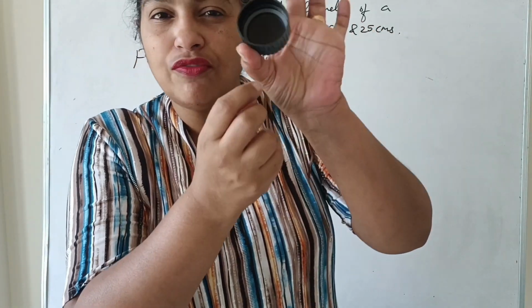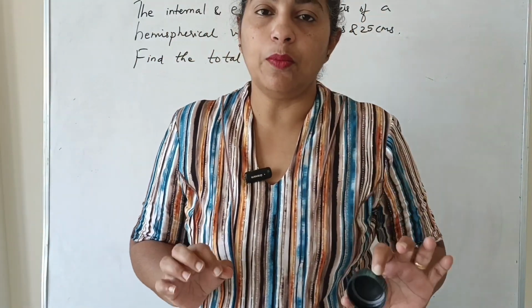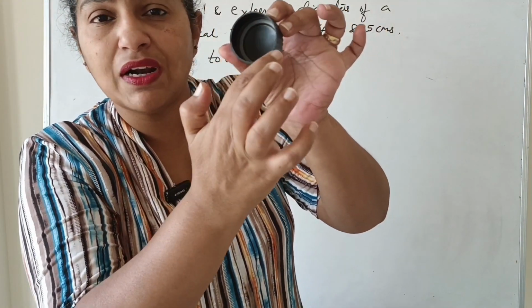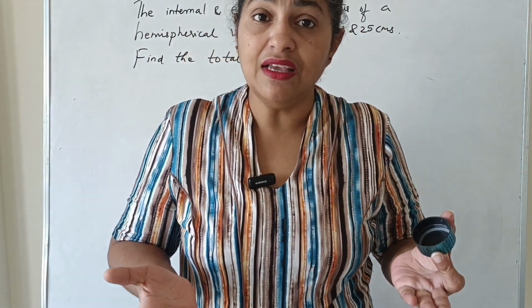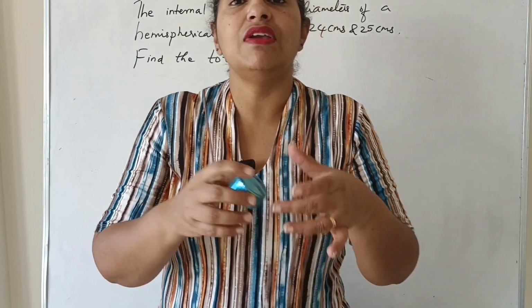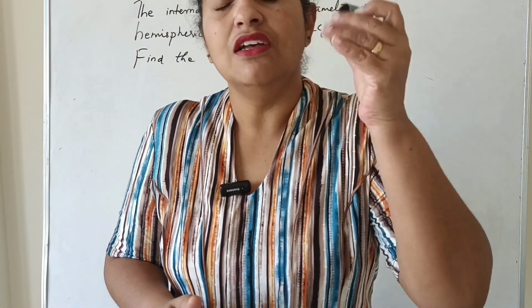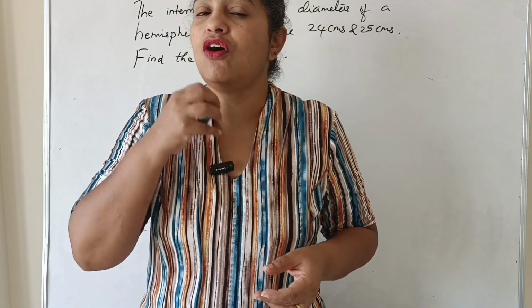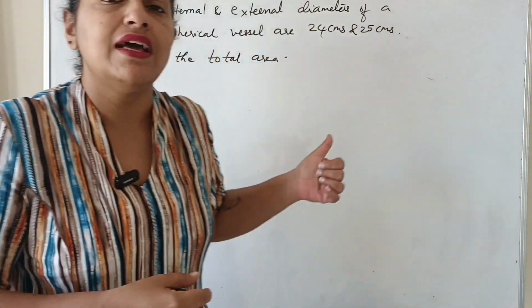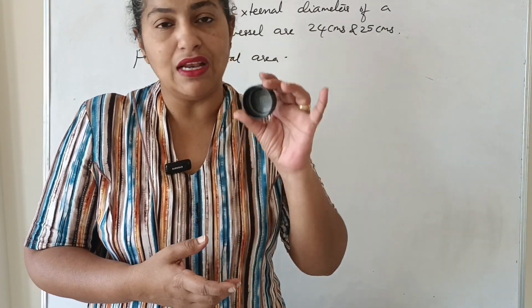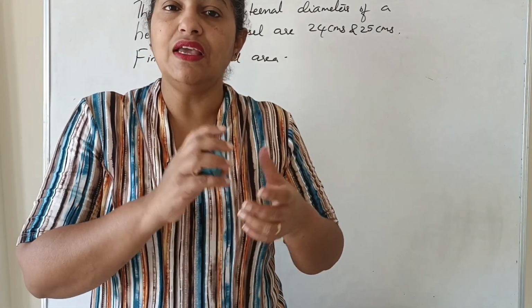Now this looks like of negligible thickness, but in a proper hemispherical shell this part will have some more thickness. So what does this part look like? It is a circular shape. Now again we have learnt in cylinders that this looks like a circular disc. So we need to add the area of the circular disc also, in addition to the external surface area and the internal surface area of the spherical shell. Okay, now let us see how to find it out.